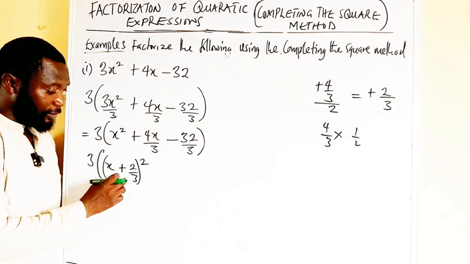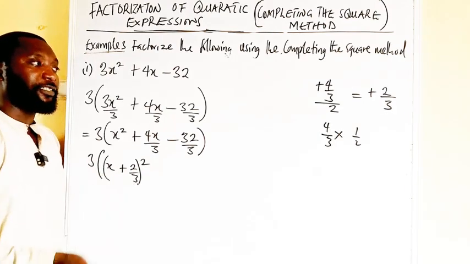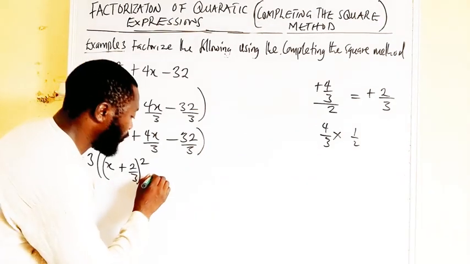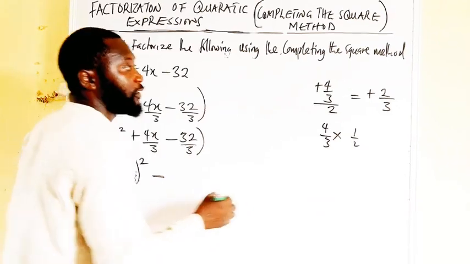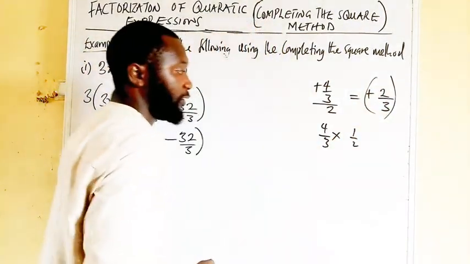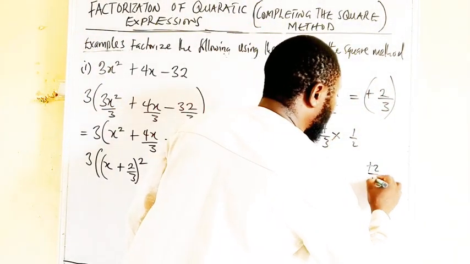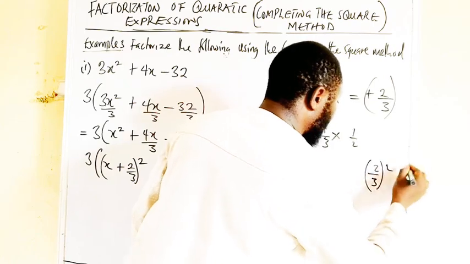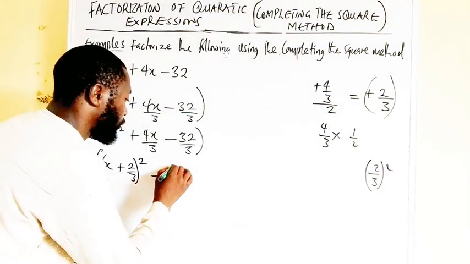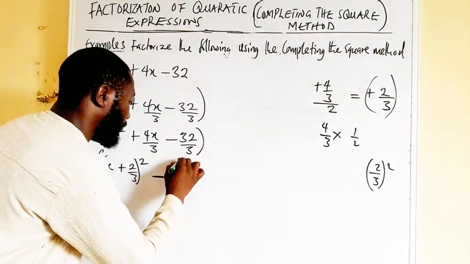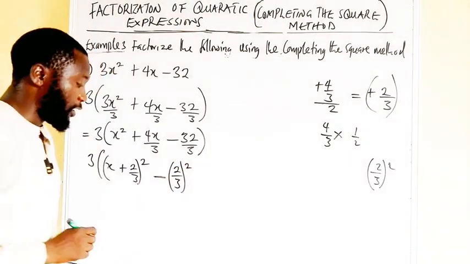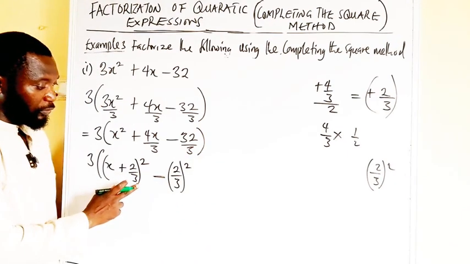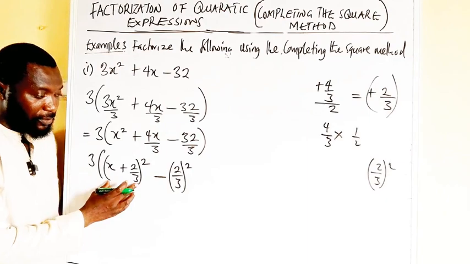Because we added this to x and we square, at the same time, you subtract. You subtract square of this number, plus 2 over 3 square. If you like, plus will not make any sense again, so square it. That is 2 over 3 square. Take it away again. Now this is what you have. Then you close. But before you close the bracket, you square this.